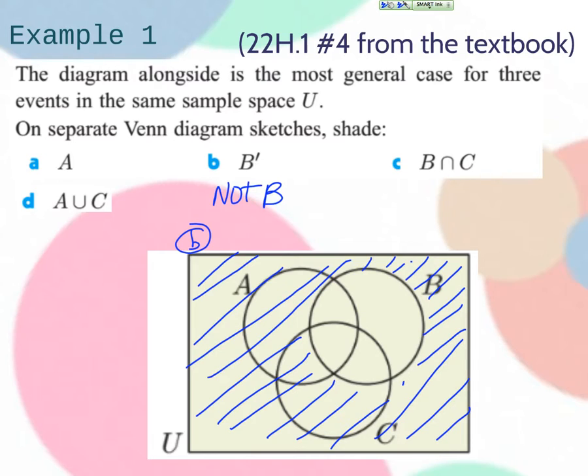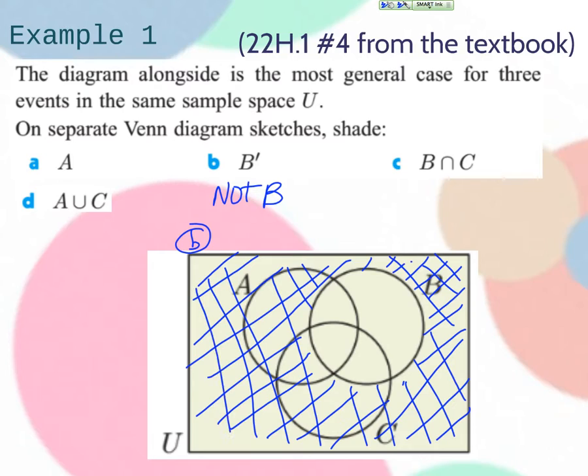I'm shading in everything that's not B. Are we clear on that one?